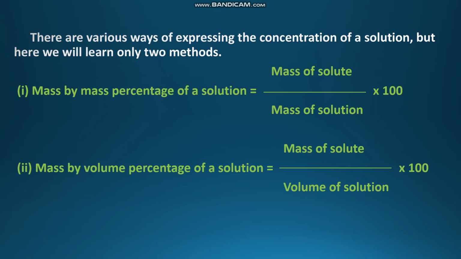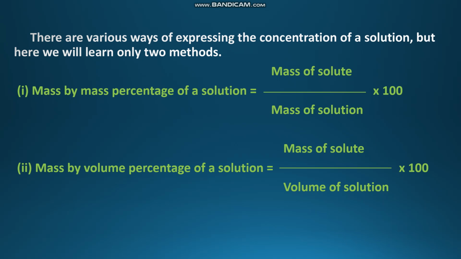There are various ways of expressing the concentration of a solution, but in this lesson we are going to learn only two methods: one, mass by mass percentage of a solution, and the other, mass by volume percentage of a solution. So how to find out mass by mass percentage of a solution?